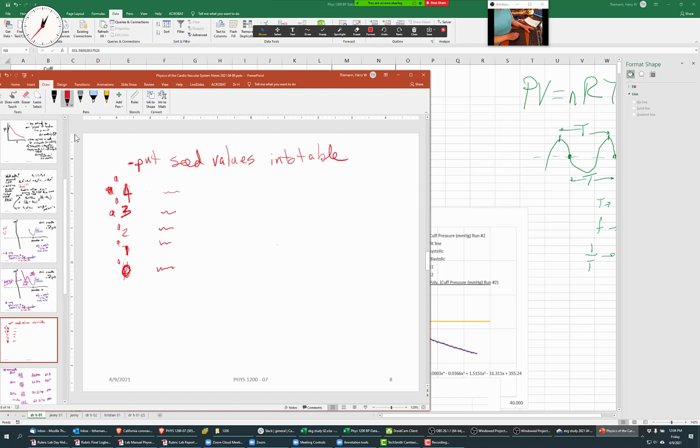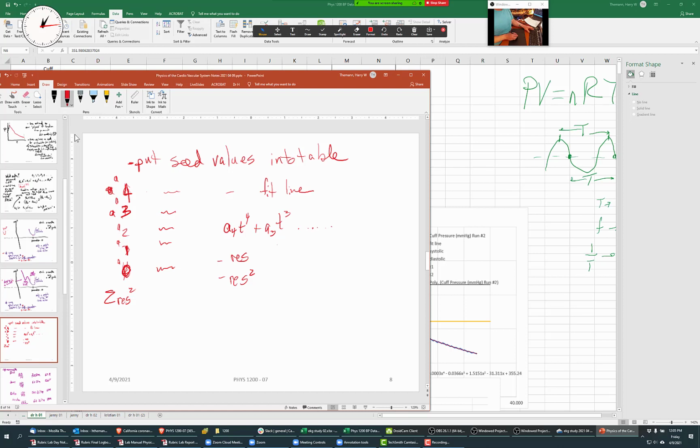And so then we made a fit line equation, which is going to be a4 times t to the 4th plus a3 t to the 3rd, etc. Then we made the residuals column. We made the residuals squared. And then we added the sum of the residuals squared.